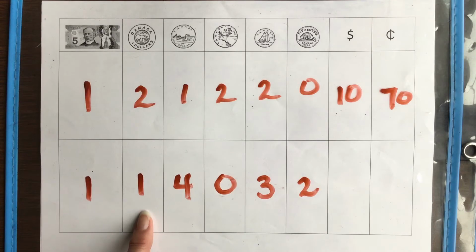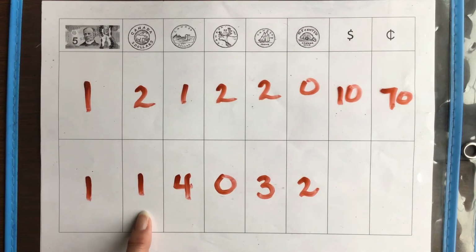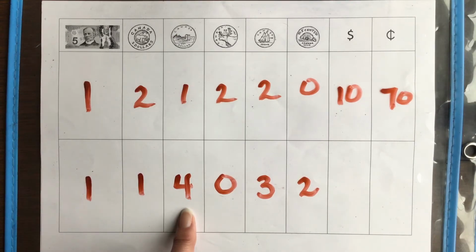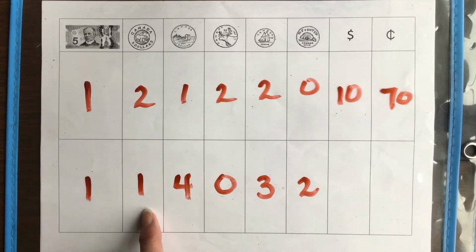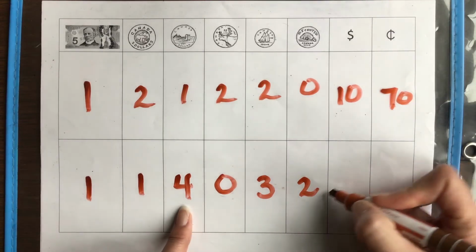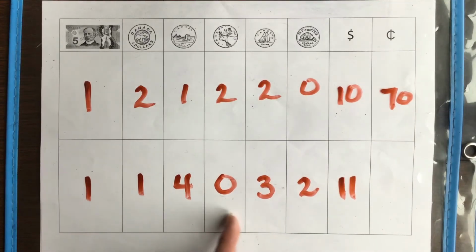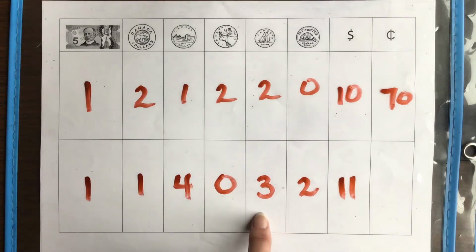I have one toonie. So 5 plus 2 is what? That's $7. Plus 4 ones. Okay, so I had 7, 8, 9, 10, 11. I have $11 because now it's cents. I have 0 quarters, so I'm not going to count on yet. I have 3 dimes.